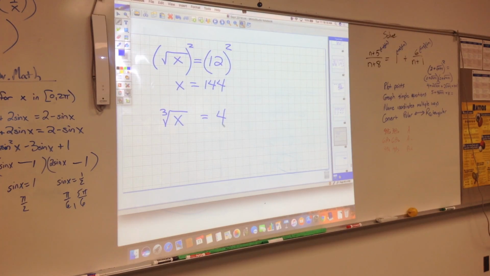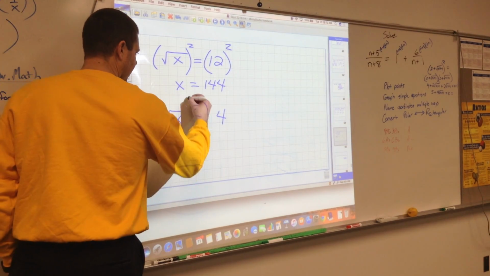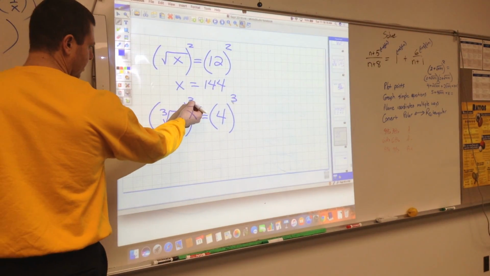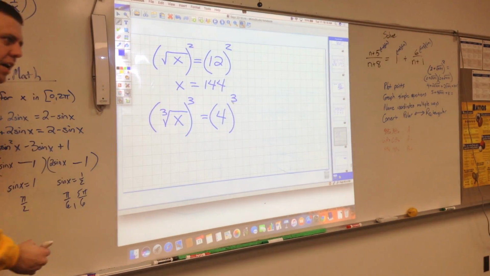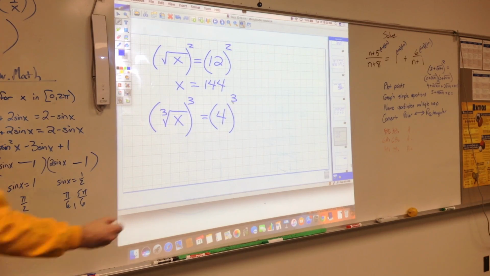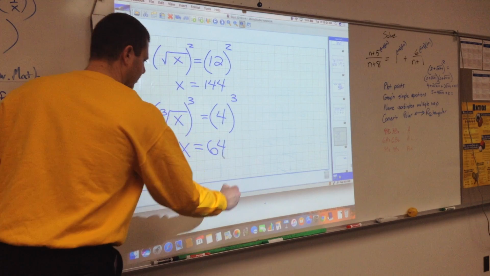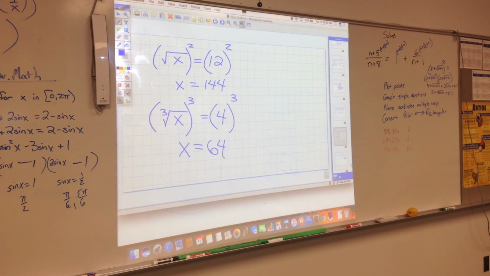I would cube both sides. I would raise this side to the third, and I would raise that side to the third, because raising something to the third power gets rid of a cube root, and I would just have x left over, and that would be 64. 4 times 4 times 4 is 64. Okay? Questions so far?